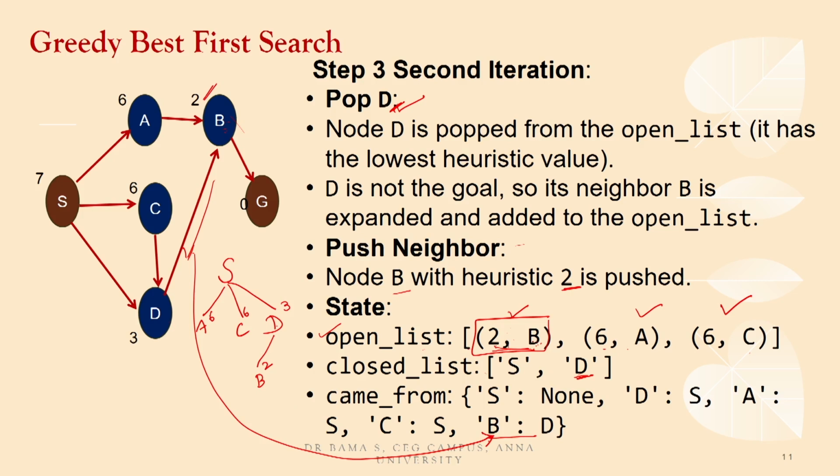Now, B has to be expanded and naturally when we expand, B is not the goal. So, G has to be given. Now, the heuristic cost of goal is 0. So, 0 comma G will come into the open list.